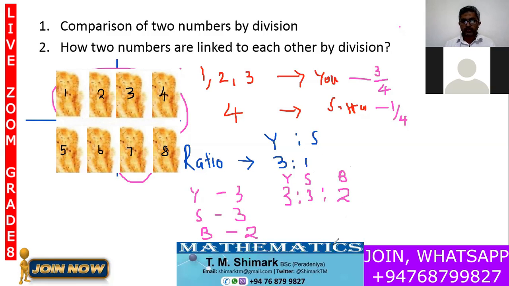You can see there is a connection between ratios and fractions. Now, what fraction did you get? You can tell me the fractions that you, your sister, and your brother each got.